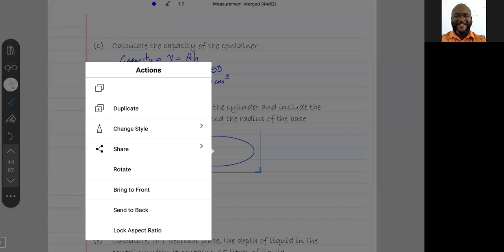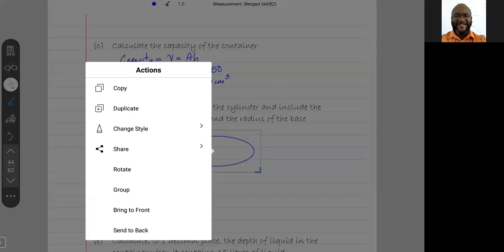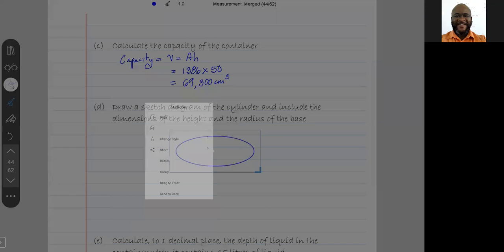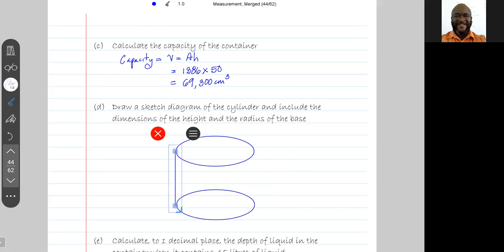All right, so let's see if we can draw. Well, it's very easy for me. I just press copy, I think. Copy. And that didn't work. I think it's duplicate. I need to press duplicate. Very easy for me to draw my cylinder because I have the power of technology. Wouldn't be so easy for you to do? All right, I think this needs to move over a little.